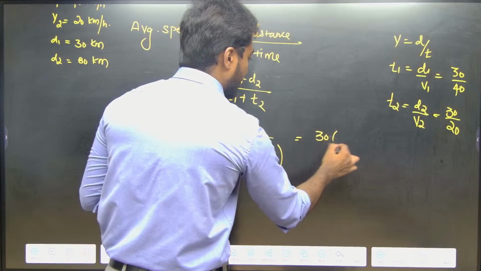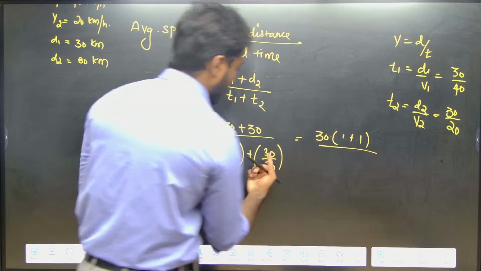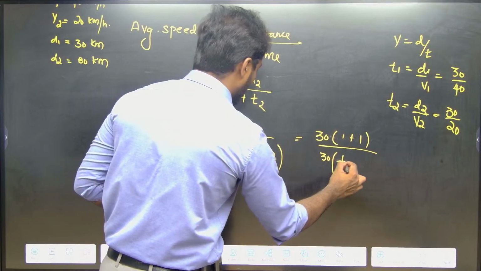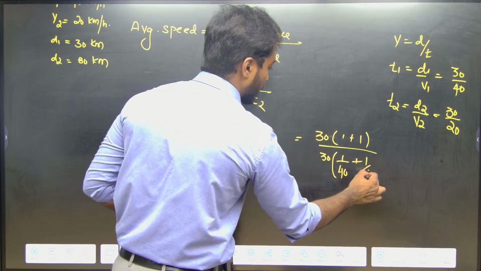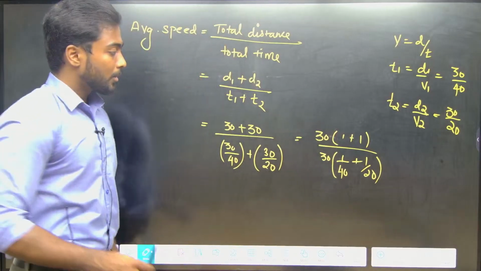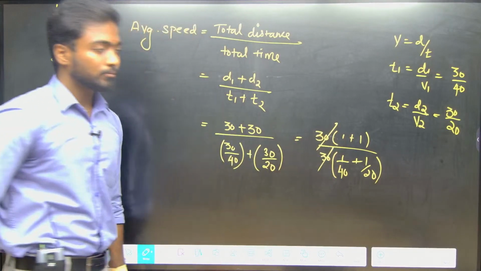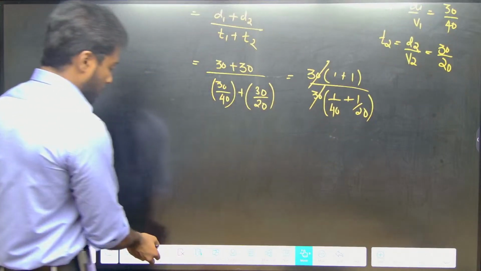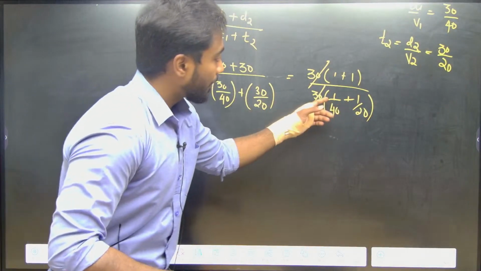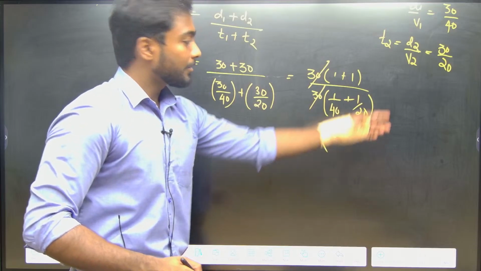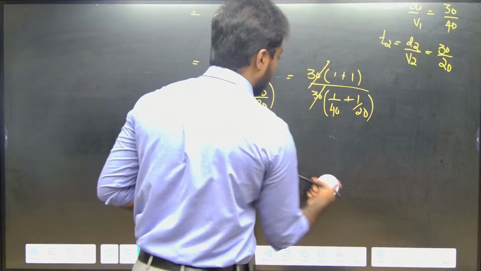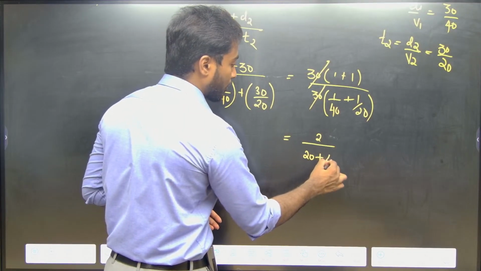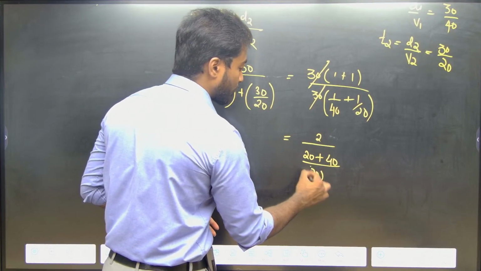So, 30 times 1 plus 1 by, here also can I take commonly outside, 30 times 1 by 40 plus 1 by 20. I can cancel it out. What I will do now? I will cross multiply the things. I will take the denominator to the numerator. So 2 divided by 20 plus 40 divided by 20 times 40.